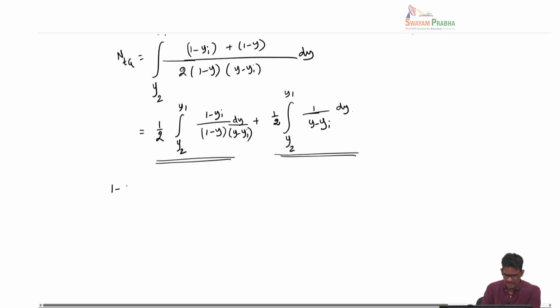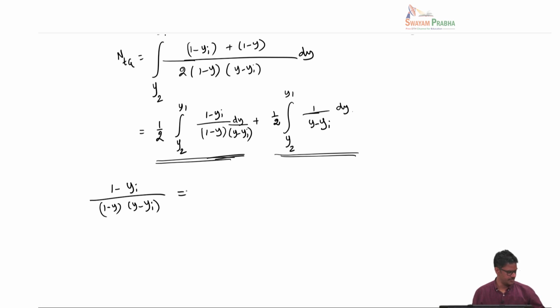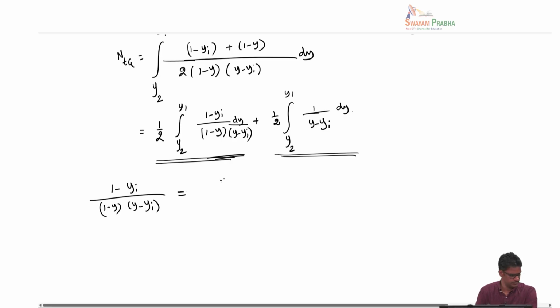So now I can write this. Looking at this particular integral, you can do partial fractions of this, and I will just show the final result, but you can check. So you should get something like this.